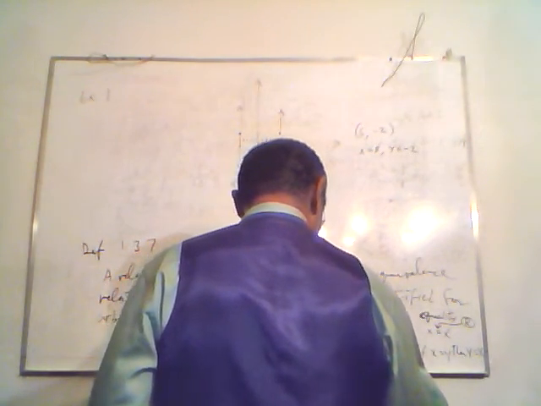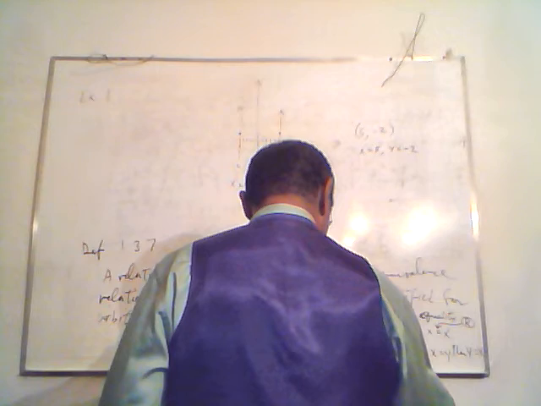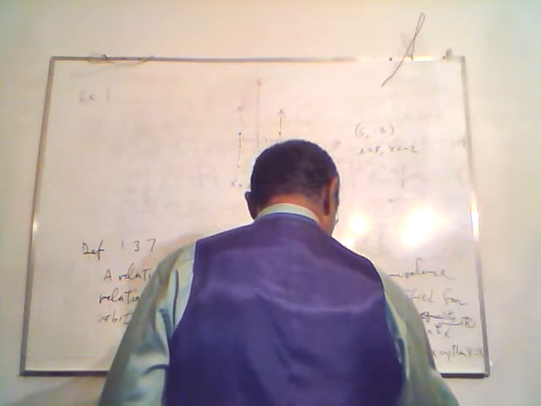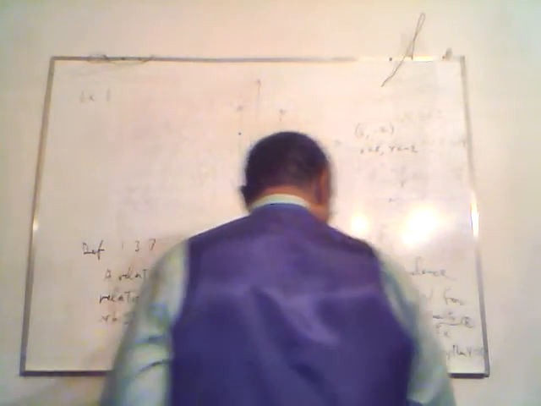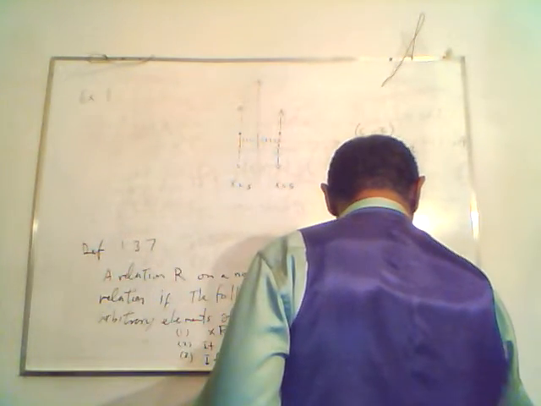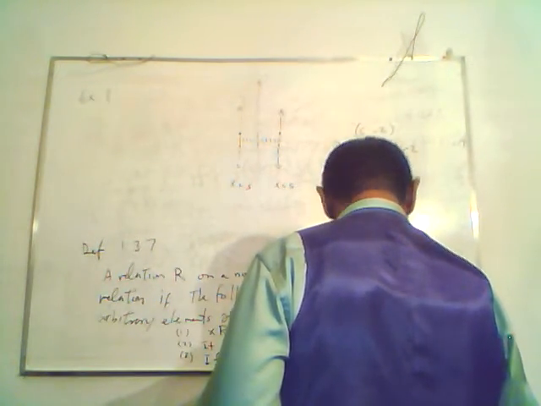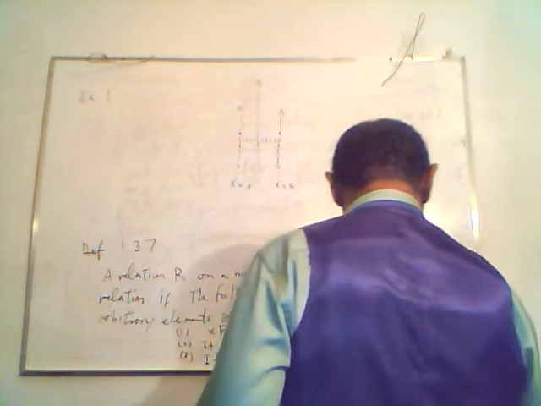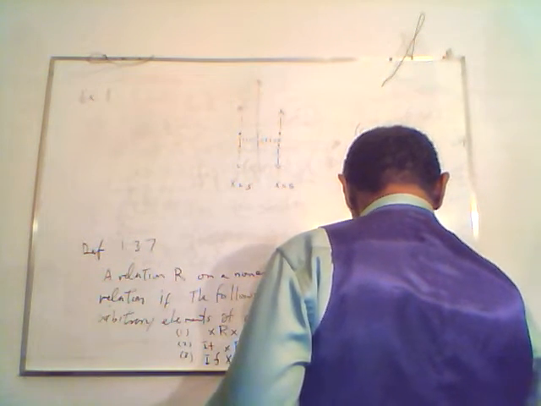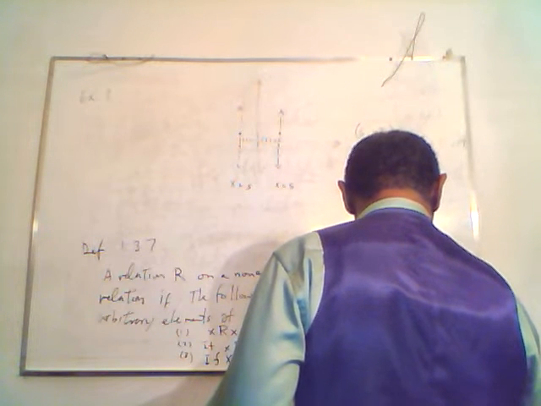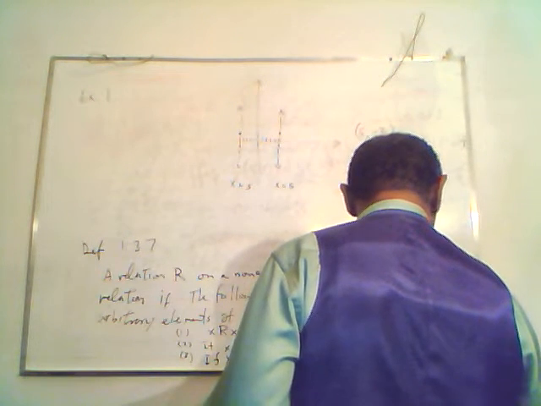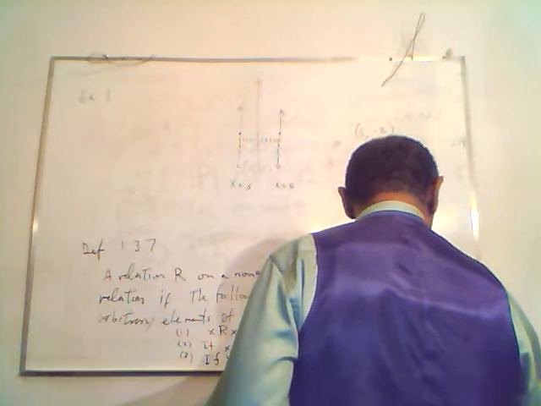And that is the transitive property. For equality, which is an equivalence relation, we would say if x equals y and y equals z, then x equals z.